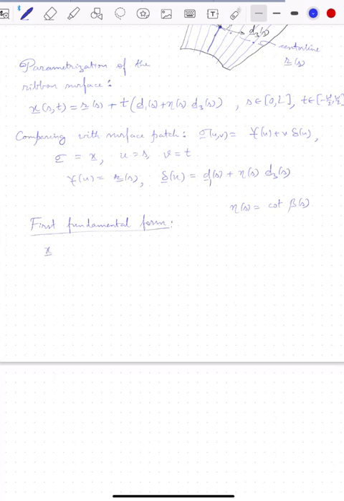So we'll have x vector of S is equal to R vector, maybe I'll just call, and R of S plus T d1 of S, d1 prime, I'll just call it R1 R prime of S plus eta prime of S, and then d3 prime of S, d3 of S, and then plus we'll have additionally eta of S, d3 prime of S, right?